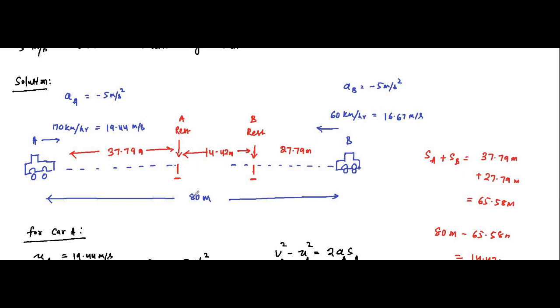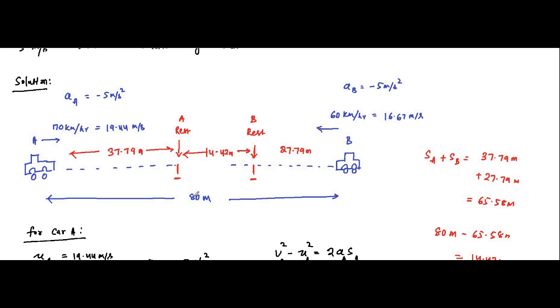So first we determine the distance traveled by each of these vehicles after the application of brakes using v square minus u square is equal to 2as, and then we determined whether the sum of the distances traveled by both of them after the application of brakes is lesser than the initial separation.